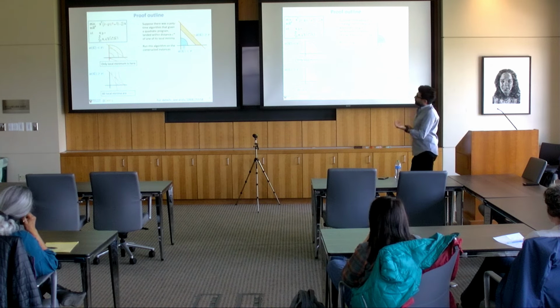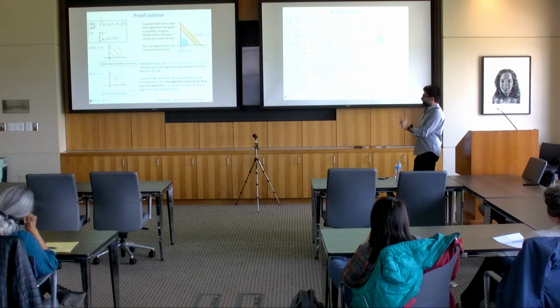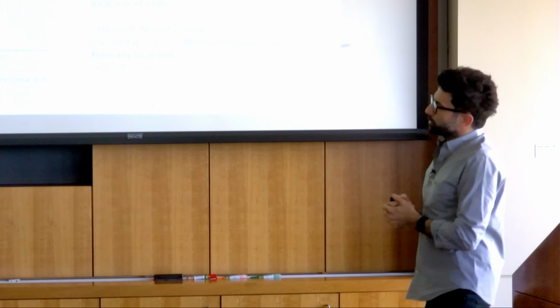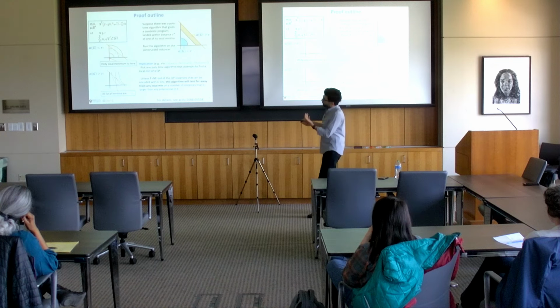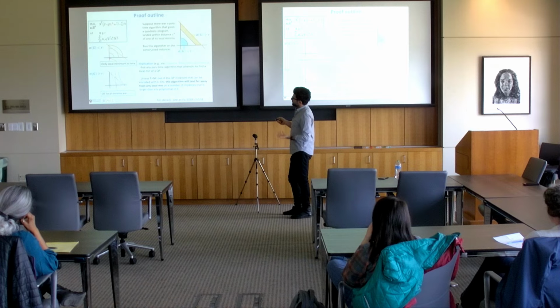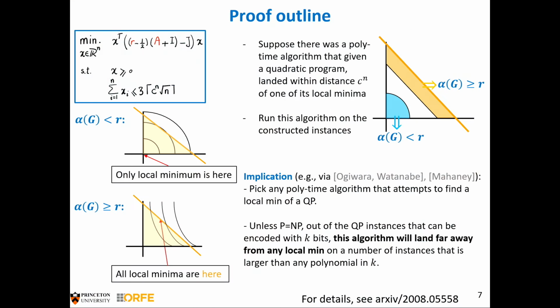All right, so before I move on, I just want to tell you an implication of this, which, at least to us at the time or to some practitioners, could be counterintuitive. The claim is that now pick any polytime algorithm that attempts to find a local minimum. So for instance, let's think of a concrete algorithm.